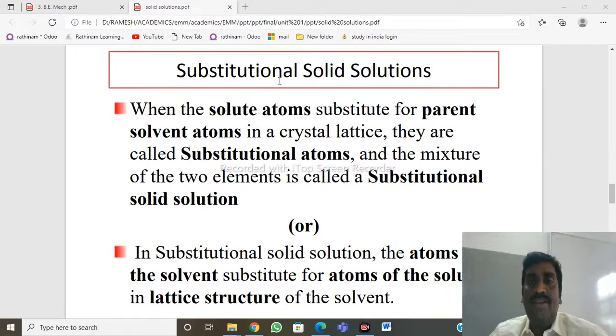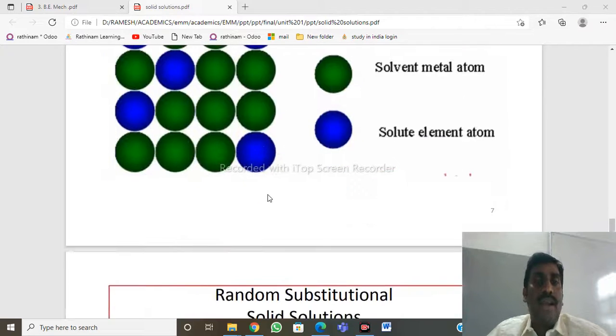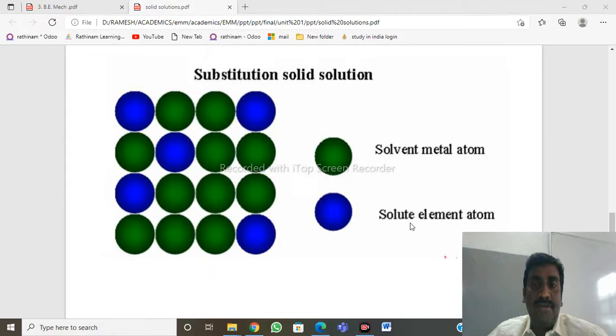Substitutional. The name itself contains the meaning of substitution. What is meant by substitution? We have to replace one element with another element. So that is called a substitution. So if you have two elements, that means solvent and solute, like sugar and water, right? So this green element is called water, and this blue element is called sugar. Okay, for an example, I'm saying, but it is not like that, because it's gold and copper.